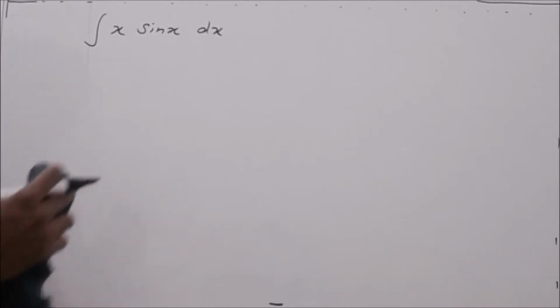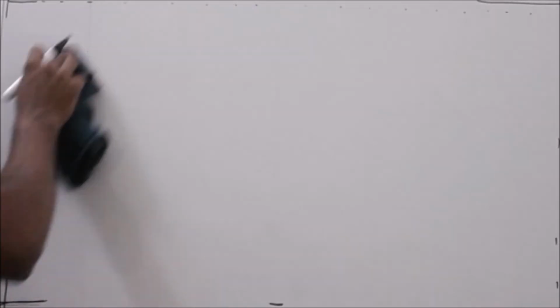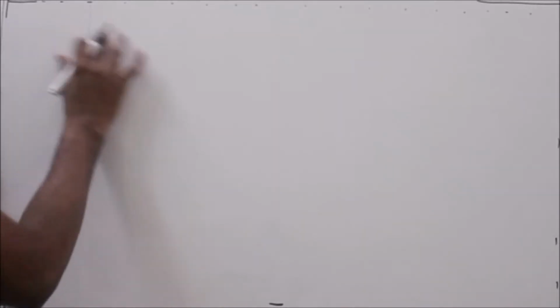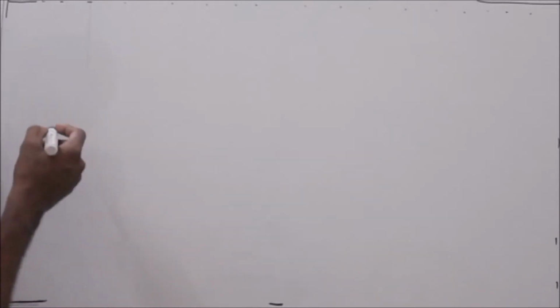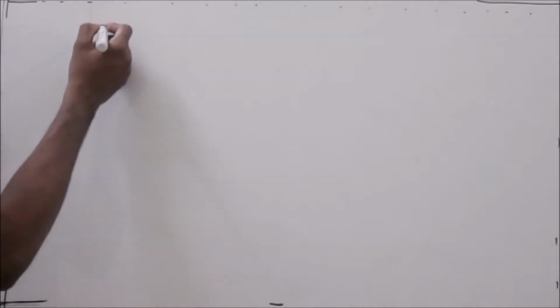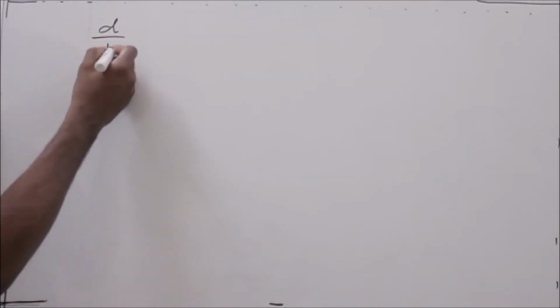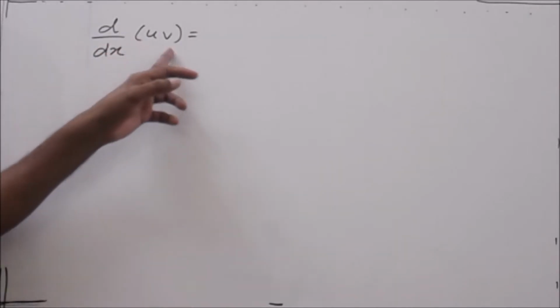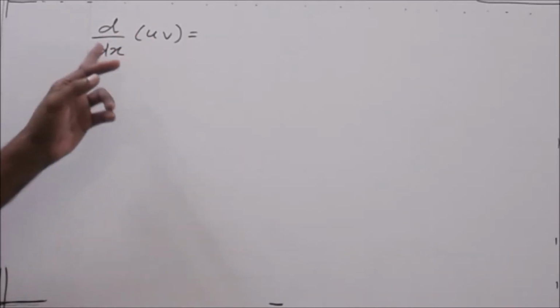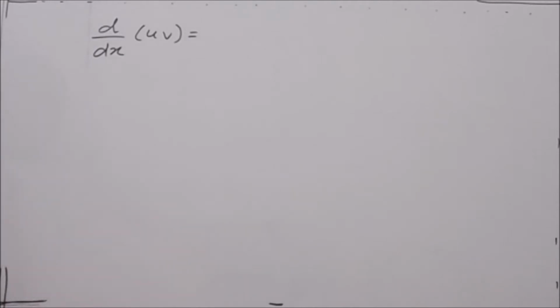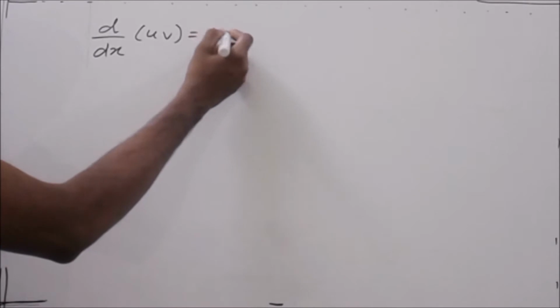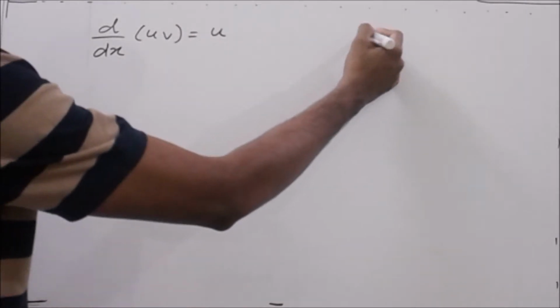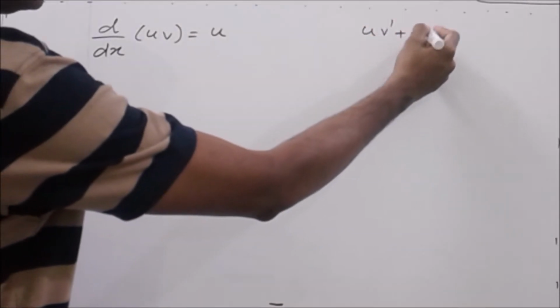Before entering into this, just look at the product formula of differentiation. What is the differentiation of uv? d by dx of uv, the derivative of uv. The two functions are in product. What is the derivative? It is equal to u into v dash plus u dash into v.